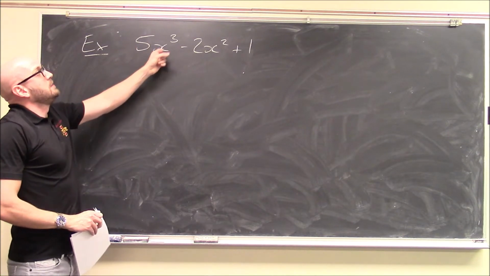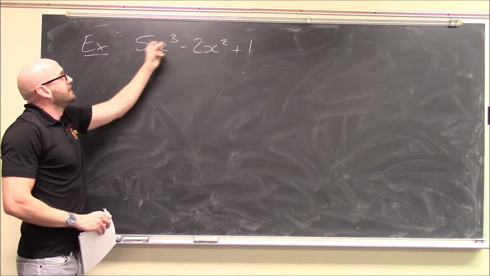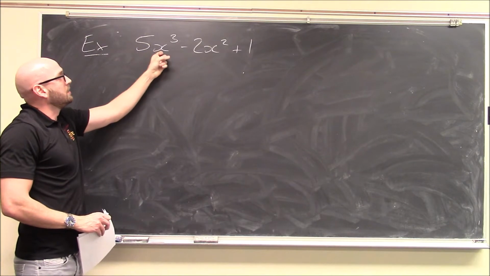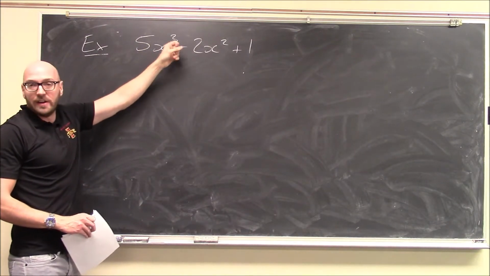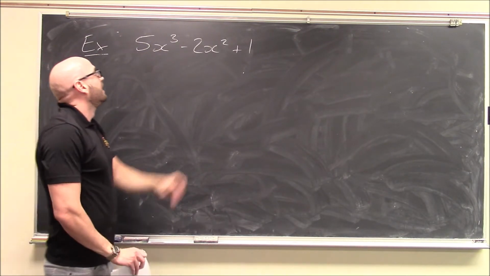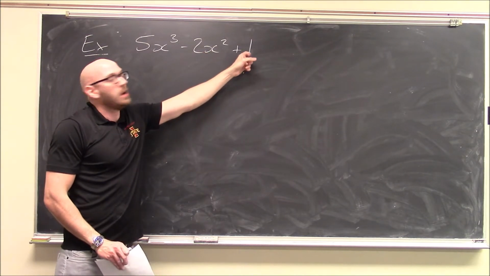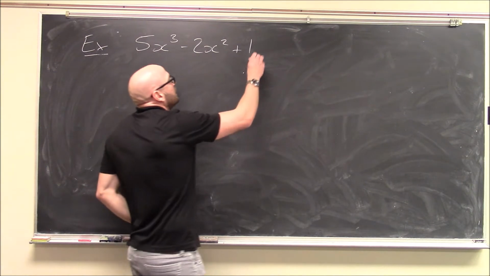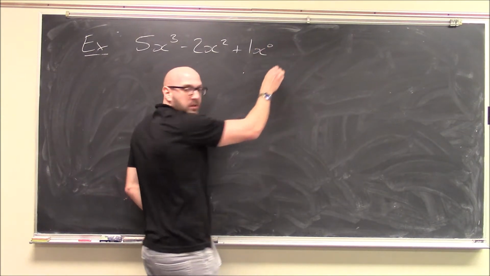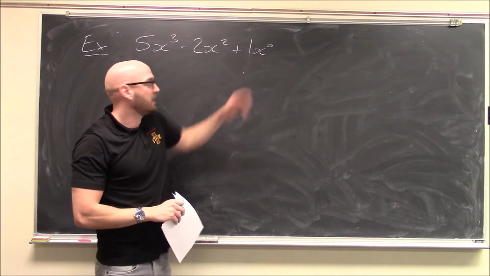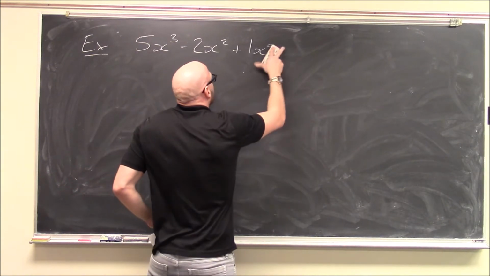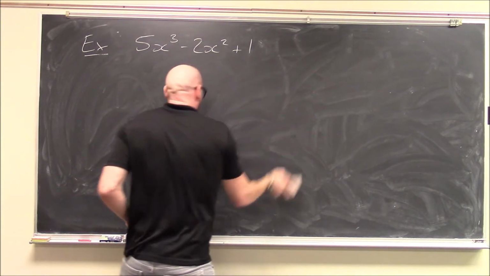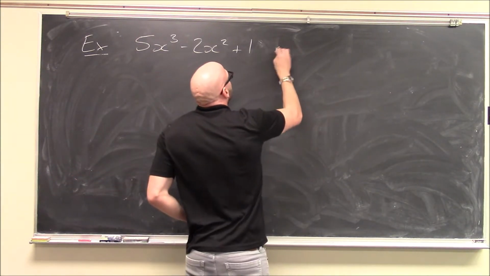Here's 5 times x cubed, so coefficient, real number, times a variable raised to a non-negative integer power. Same thing, this is a term. And 1 is also a term. All constants are terms because I can think of this as being 1 times x to the 0. Right, x to the 0 is just 1 itself. So all constants are terms. So this is a polynomial.